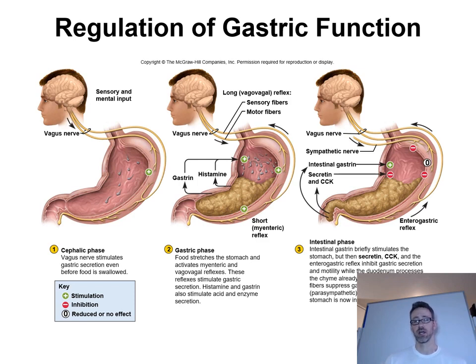So the last 10% comes from the intestinal phase, and this is usually very transient. When some of the bolus is initially introduced into the intestine, it can transiently increase secretions further. However, the typical response right after that transient phase is that it goes into an inhibitory phase to slow down the contents from entering, so it can undergo the processes that I talked about earlier.